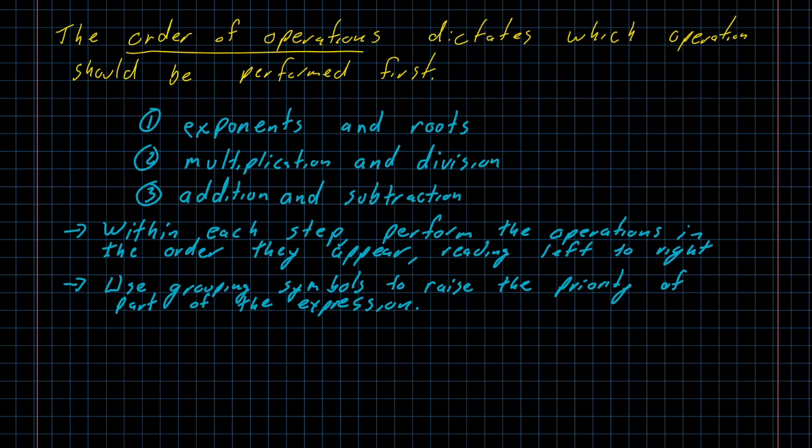So the most common grouping symbol is the parenthesis, which tells you do the stuff inside the parenthesis first, and then once you are done with all of the stuff inside the parentheses, then look outside the parentheses and see what else is going on.